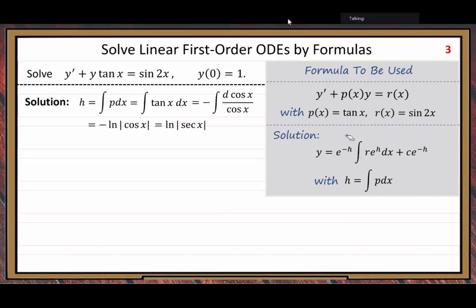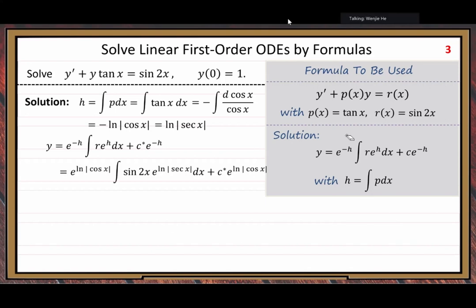Now we work on our solution formula, but we need to simplify it. So let's plug in. The first one we use the negative version, so the negative sign is gone. The second, because there is no negative sign, we use the secant form, and so on.